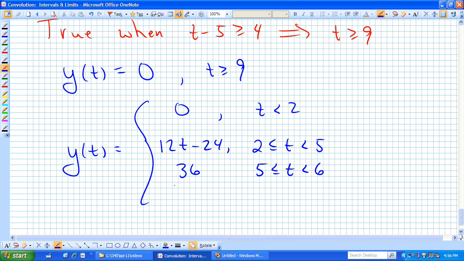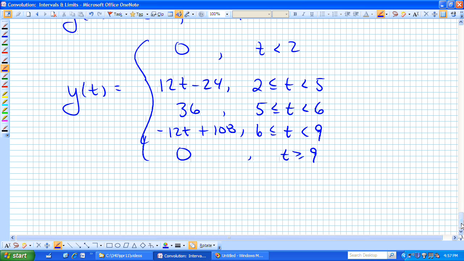It was then minus 12t plus 108, as long as t was between 6 and 9, and then it was 0 again when t was greater than 9. And that's maybe how I would summarize that output response due to the x of t and h of t that we started with.